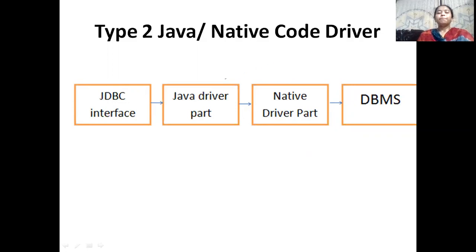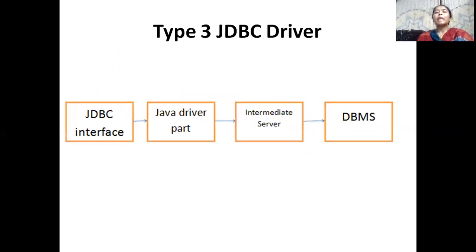Coming to the third type of driver, the type 3 JDBC driver. This type 3 JDBC driver is also referred to as the Java protocol driver, which is the most commonly used JDBC driver. The type 3 Java database connectivity driver converts the SQL queries into JDBC formatted statements.